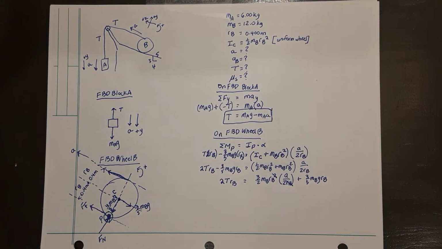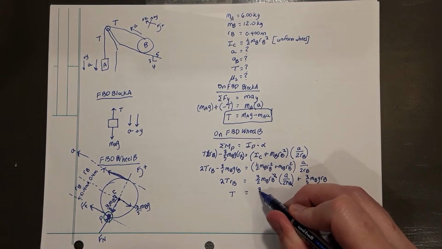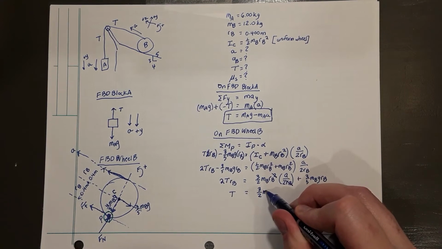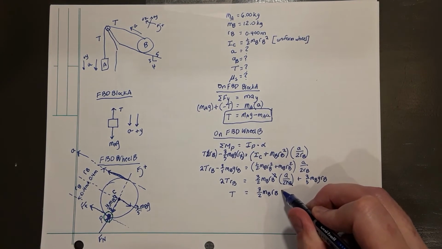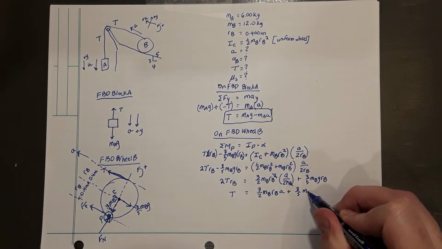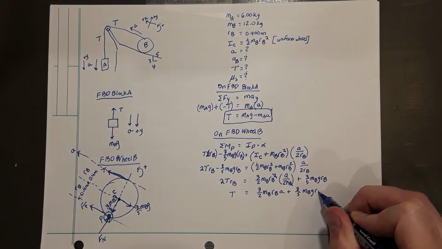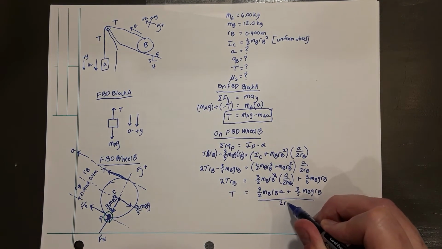And if I divide both sides of this expression by 2RB, we get 3/2 MBRBA plus 3/5 MBGRB, all divided by 2RB.